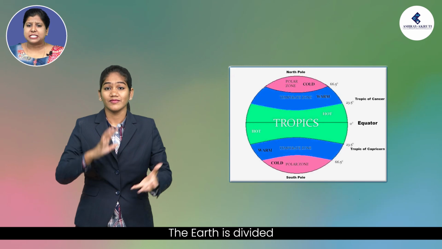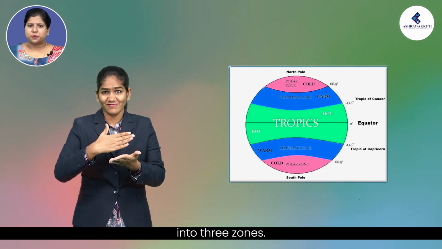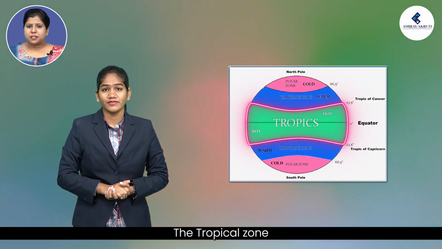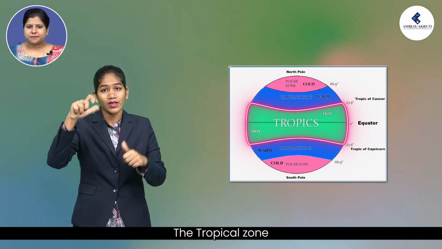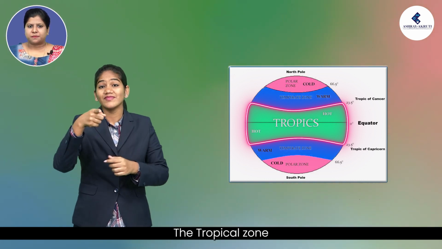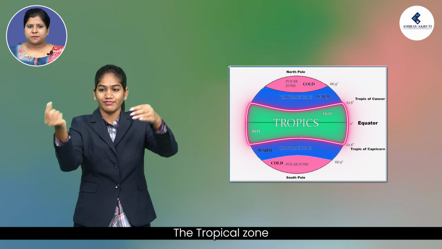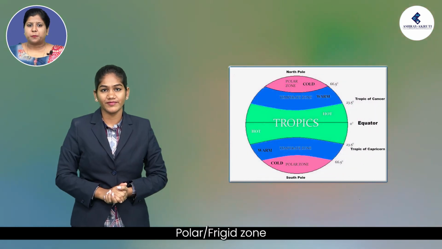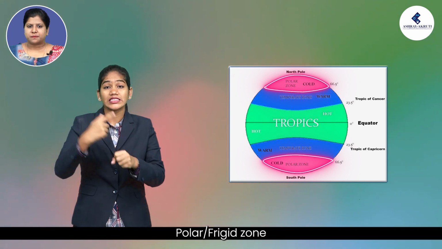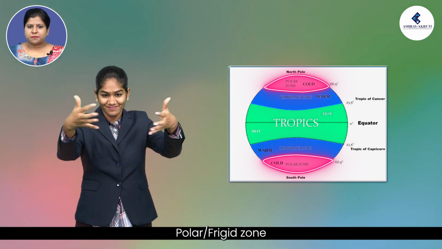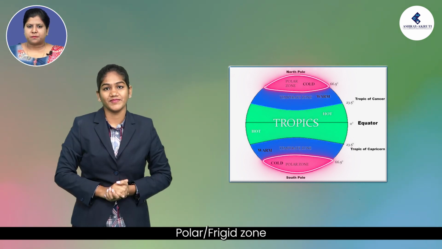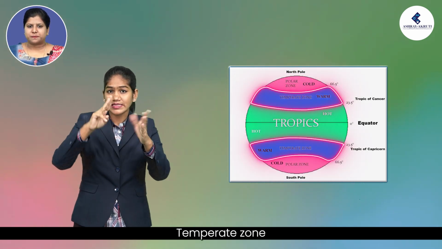The earth is divided into 3 zones: the tropical zone, the polar or frigid zone, and the temperate zone.